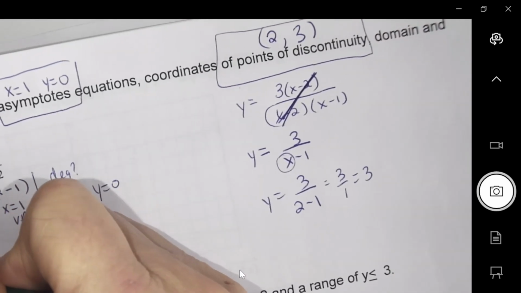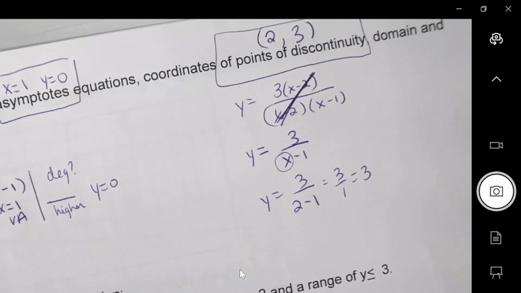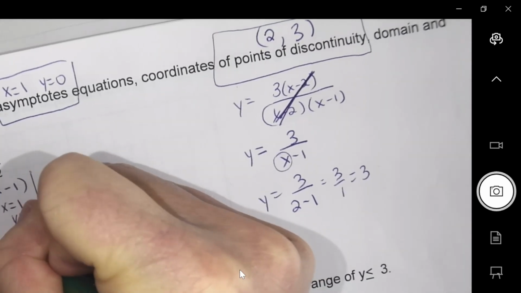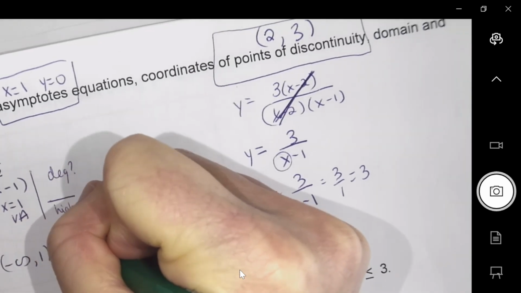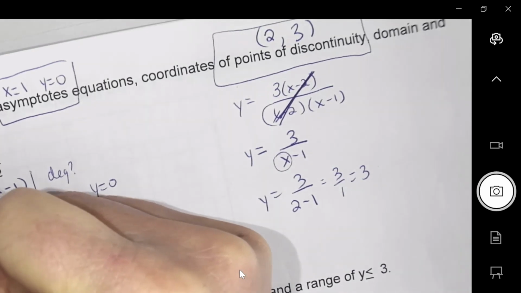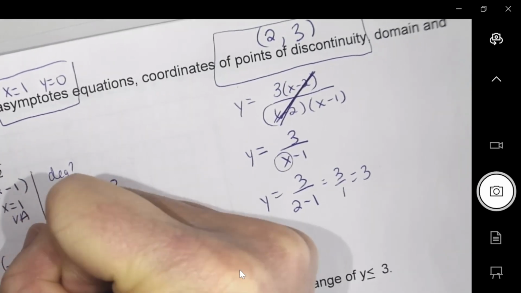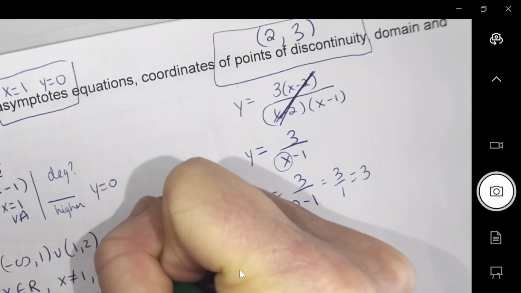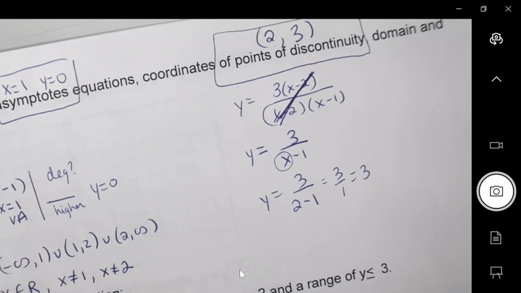Okay, so domain. These are the x values I don't want, 1 and 2. So you can write with a bunch of little sections if you want, or you can write me it either way.